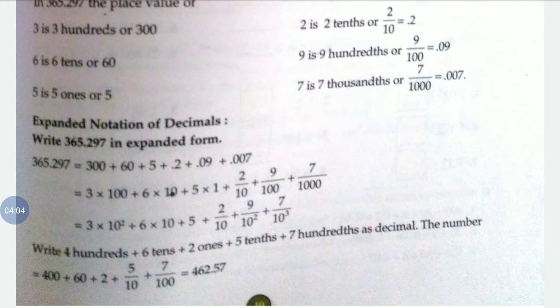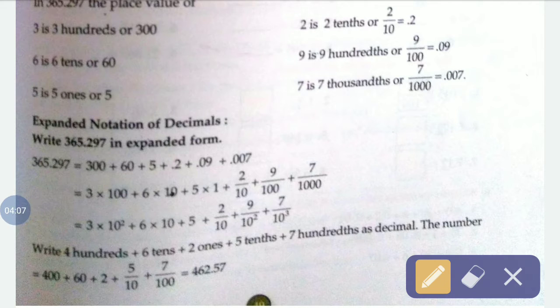If we write it in the form of fractions, it will be 2 upon 10, 9 upon 100, and 7 upon 1000.